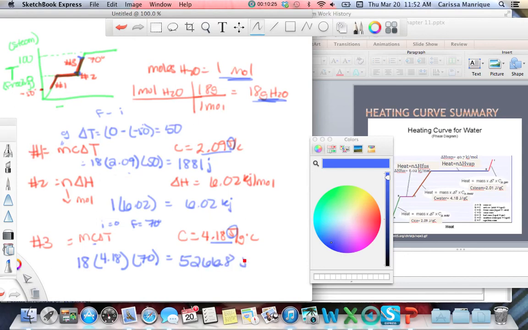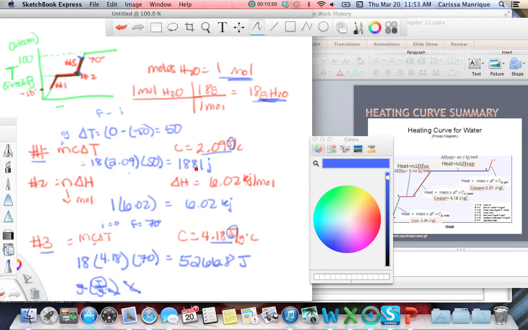And that'll be in joules. Now let me show you why this is joules. Your mass is in grams. Your C here is in joules divided by grams degrees Celsius. And your delta T is in Celsius. So your Celsius cancels, your grams cancels, leaving you with just joules. And that applies for number 1 and number 3.